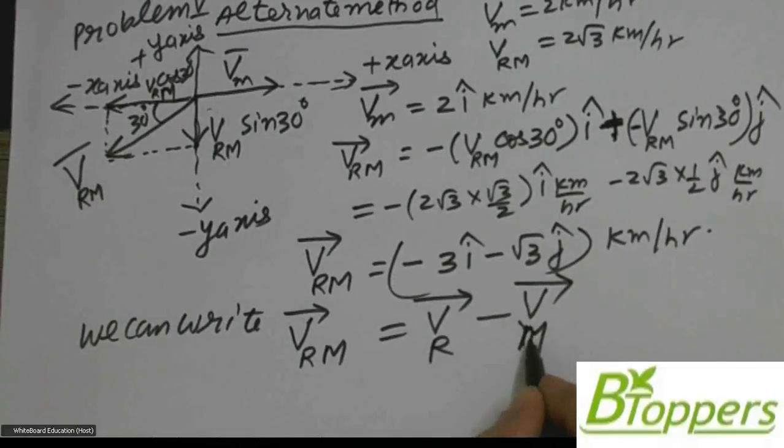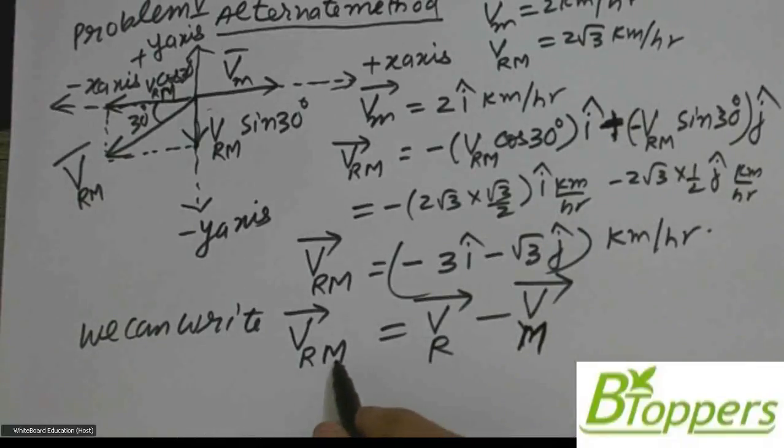So here V_R bar represents the actual velocity of the raindrops and V_M bar is the velocity of the man. V bar subscript RM represents the relative velocity of the rain with respect to the man.